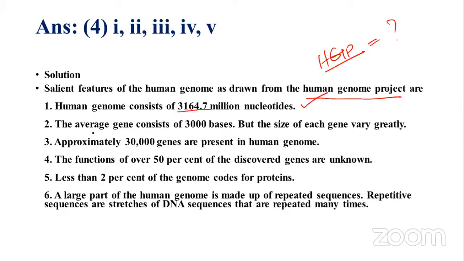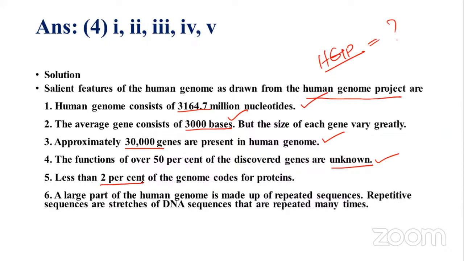Yes, it's correct. The average gene consists of 3000 base pairs. It is also an extra point. Approximately 30,000 genes are present in the human genome. It is also an extra point. The functions of 50% of discovered genes are unknown. It is also an extra point.